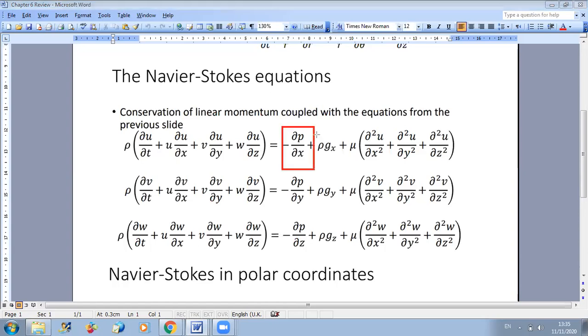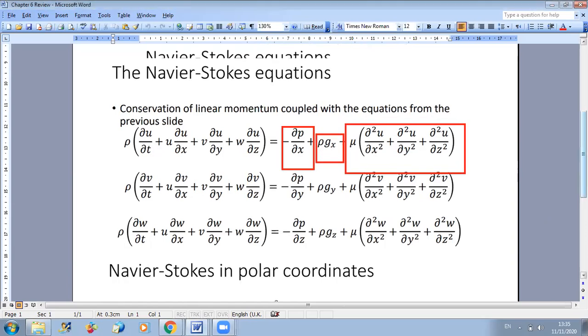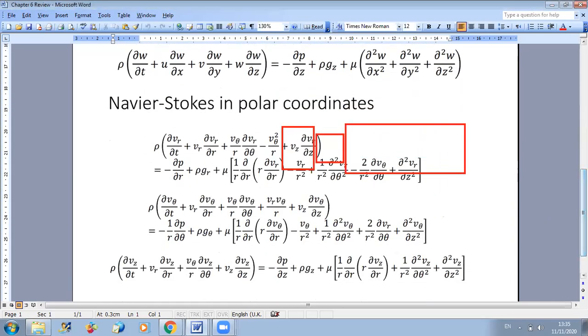This term is for weight. This term is for viscous forces. Okay, and you have the Navier-Stokes equation in rectangular components, and in polar coordinates. So mainly, these are the main formulas we are using. And the course material is just to introduce you to these relations and how we got them. Okay? So now let us start doing the problems.